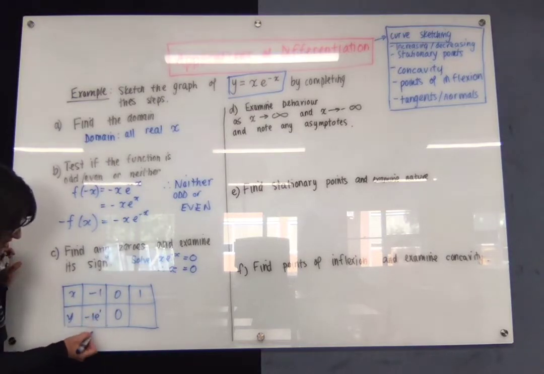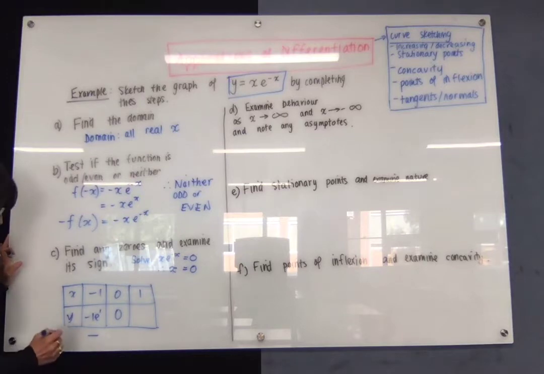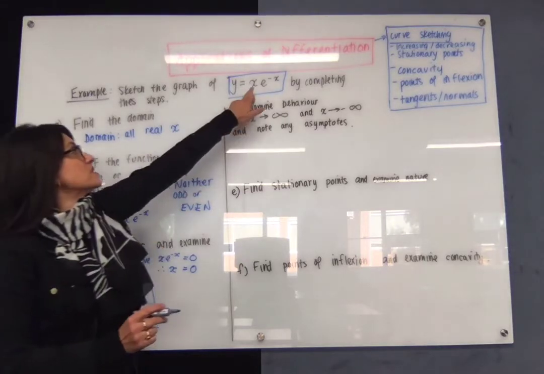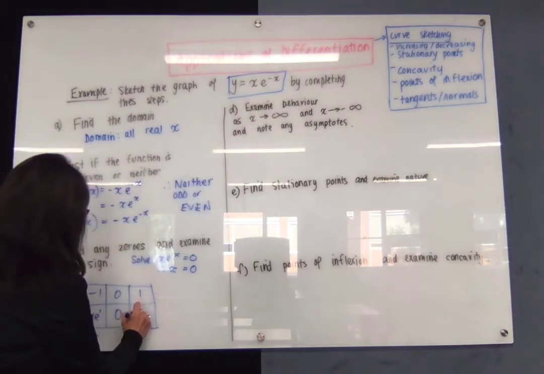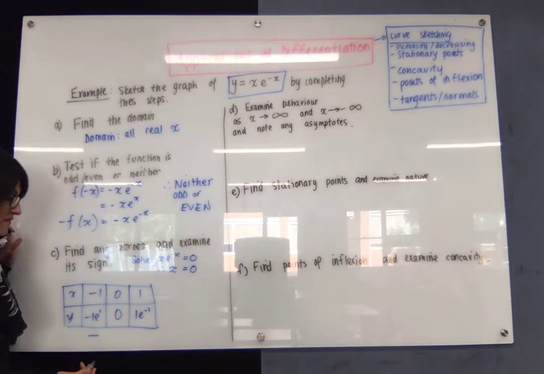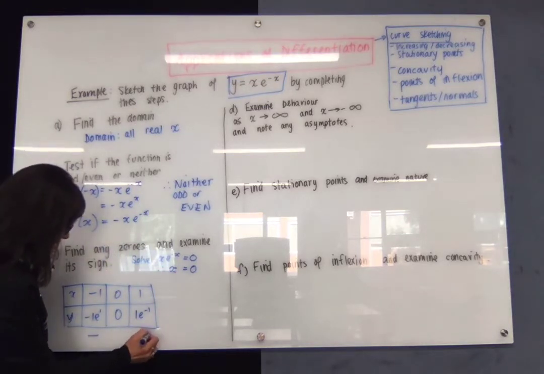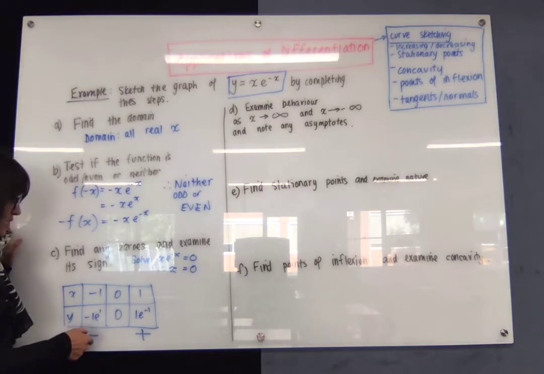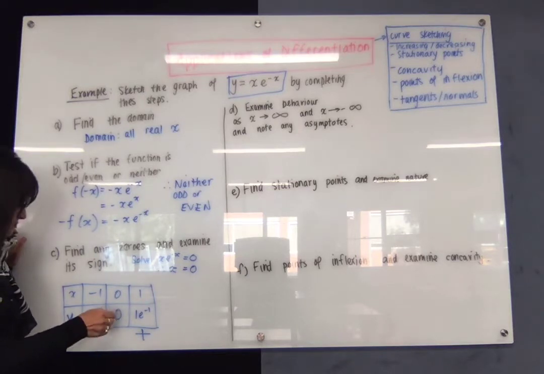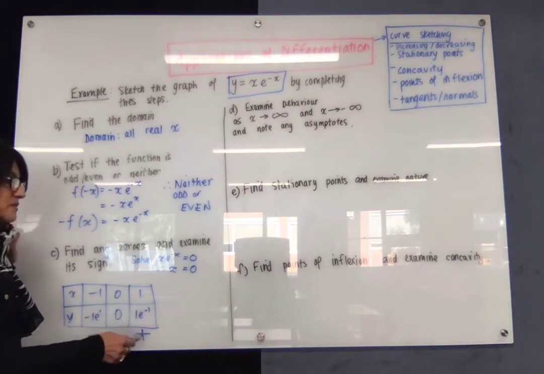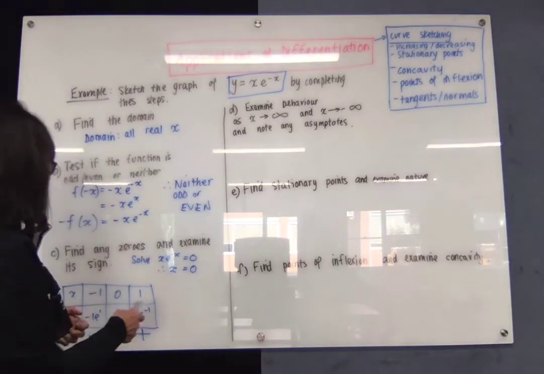Obviously, this is going to give us a negative result. And if we substitute in positive 1, we've got 1 times e to the negative 1. Well, e to the negative 1 is just 1 over e, so this is going to give us a positive result. So we know that this function goes below the x-axis to the left of 0 and above the x-axis to the right of 0. This table of signs is going to give us some useful information when we come to sketch it later.